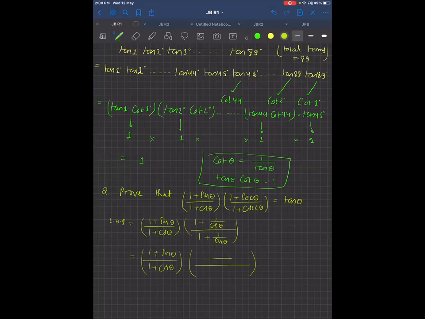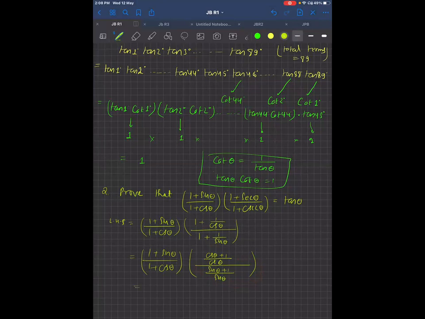So we get (cos theta plus 1) in the numerator and (sin theta plus 1) in the denominator. Now the sin theta is multiplied to the numerator and cos theta to the denominator.